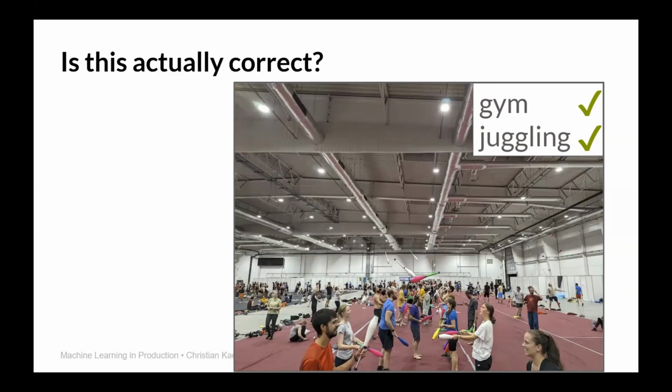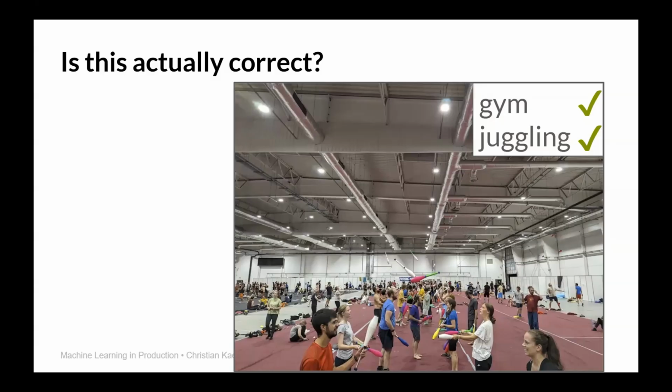In this example here, it's labeled as a gym, and I guess we can argue, is this really a gym? Technically, it's a convention center. I was there. I took the picture. Does it matter for the purpose of this task? Yeah, it functionally works as a gym, right? So different people could agree and disagree on this. It's very hard to even establish what is the right truth here.